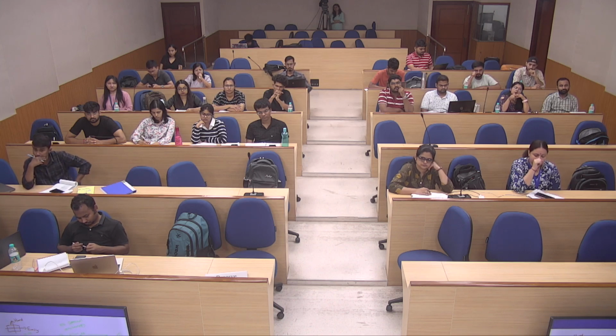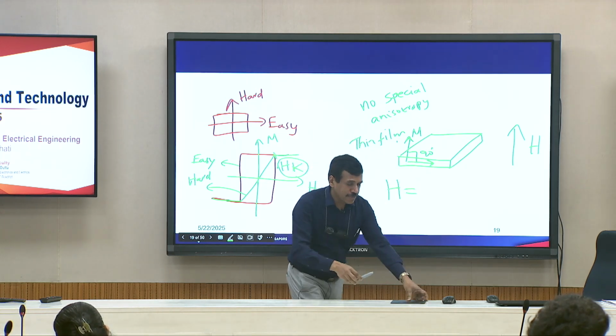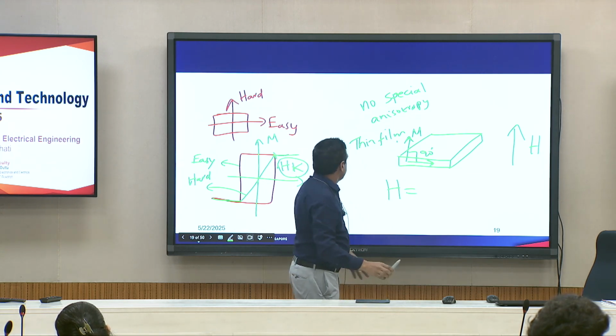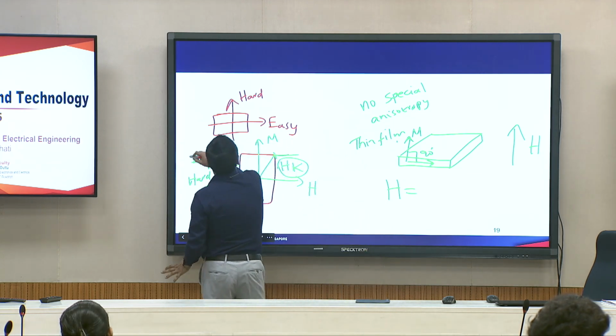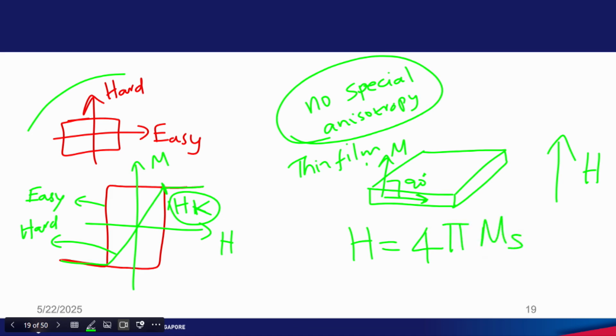So, the field you require to make this magnetization come out of this plane does not depend on any of these things. It has nothing to do with HK, all those things, because we say that there is no special anisotropy except shape anisotropy. So, in this case the field you require to make the magnetization perpendicular is 4 pi Ms. It does not depend on anything else like HK.